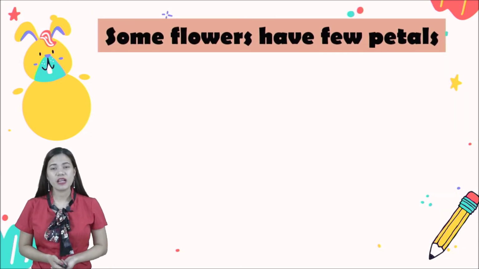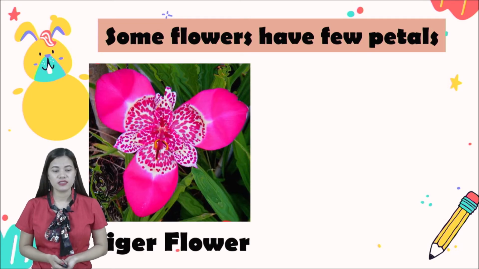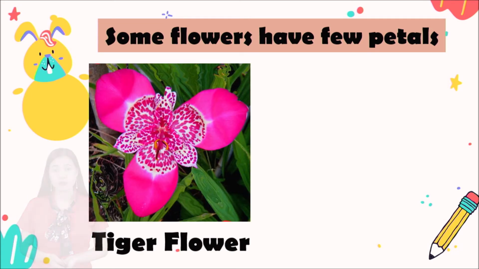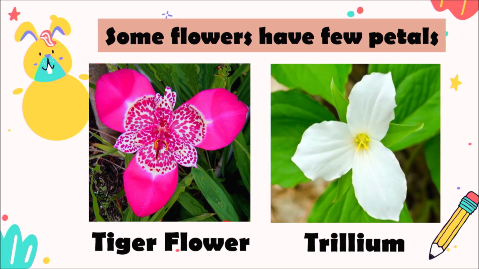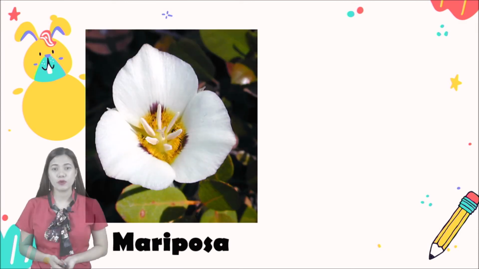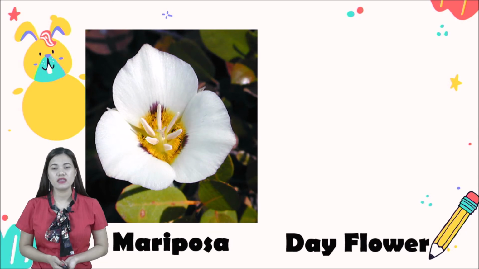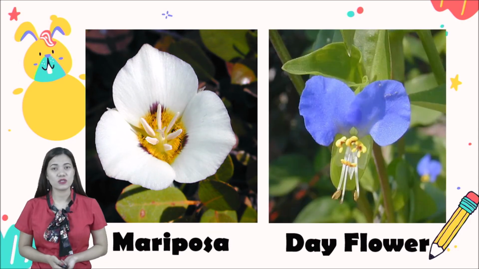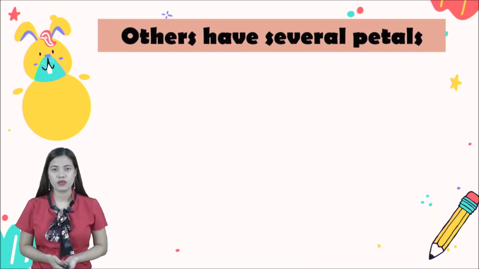Next, some flowers have few petals, such as tiger flower, which has 3 petals, and trillium, which has 3 petals also. Aside from that, we have the mariposa, which also has 3 petals, and day flower, which also has 3 petals. And then others have several petals.